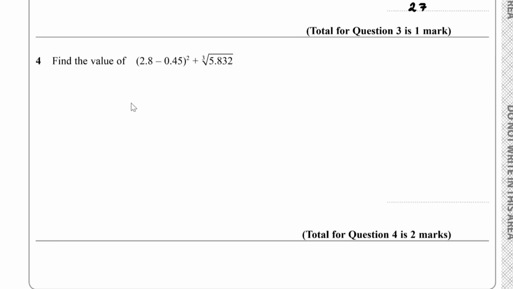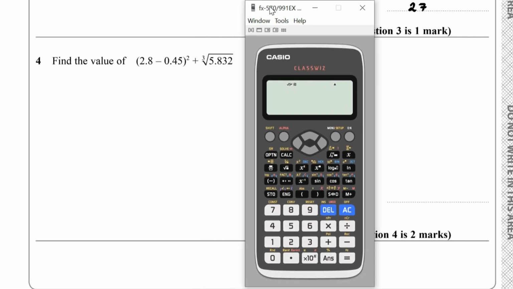Question number 4, we have to find the value of (2.8 subtract 0.45) all squared plus the cube root of 5.832. Let's type this into our calculator. Open bracket, 2.8 subtract 0.45, close bracket.